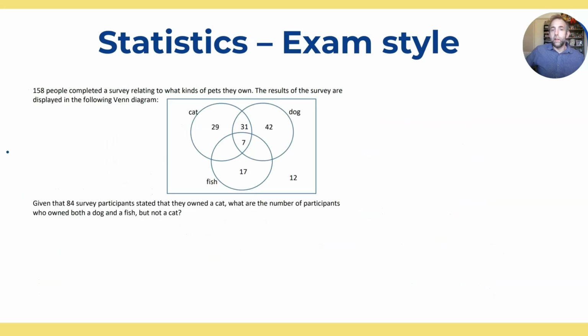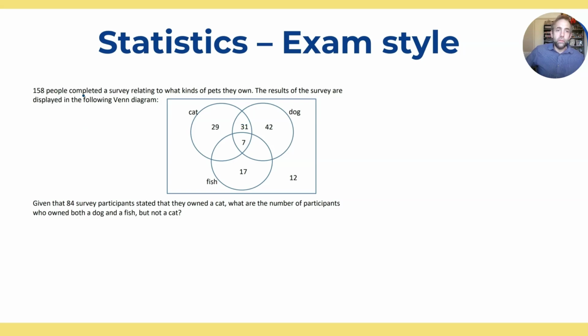This question represents a Venn diagram question where we have lots of information, and when there's an overlap, that tells you they are doing both things at once. So this 7 in the middle, for example, tells us that they are the people who own a cat, a dog, and a fish, whereas this 31 over here tells us that there are 31 people who have a cat and a dog.